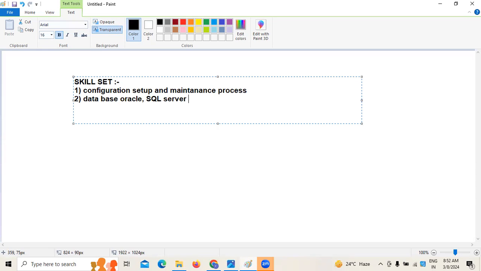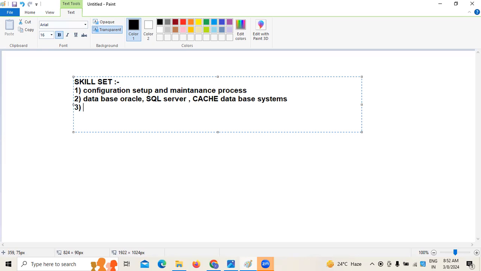At the same time, we must have knowledge of cache database systems. What cache database systems are we using and so on. This is also one of the key and important elements we must be good with when it comes to the role of a solution architect.